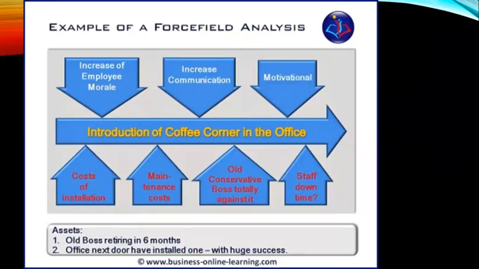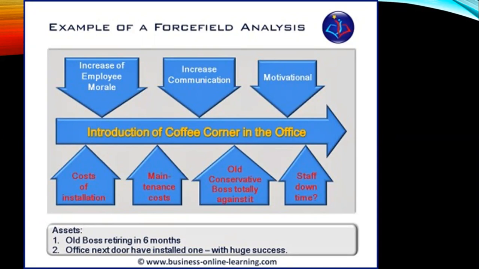this is driving force, and at the bottom is the restraining force. So let's see the driving force or the pros. Increase employee morale, increase communication and motivational. And then the cons: cost of installation, so it's expensive, maintenance costs. It's expensive to maintain the coffee corner. Old conservative boss is totally against it, and staff downtime.